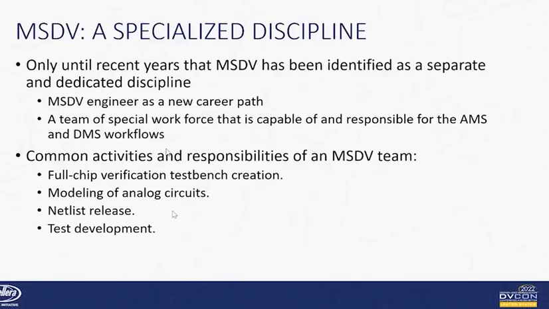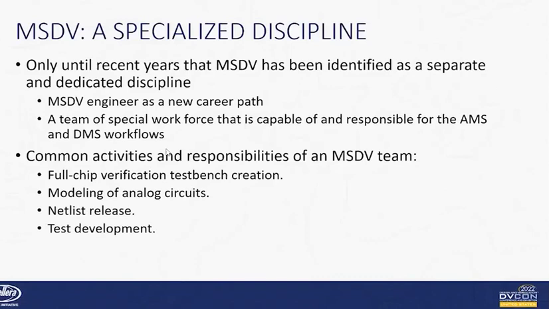Then we need to create nannies, either DMS, AMS, or both. And then this MSDV team also needs to maintain the netlist release. That means you also need to keep the models updated together with the netlist release.